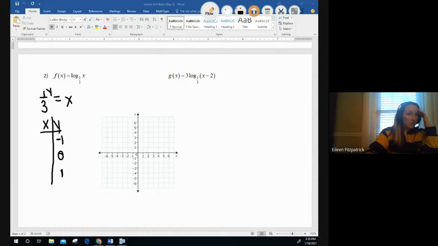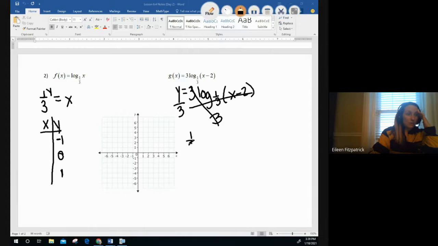Let me do it this way. y equals 3 log base 1/3. Before changing forms, I would divide both sides by the 3 out front. Dividing by 3 is the same thing as multiplying by 1/3. So 1/3 of y equals log base 1/3 of x minus 2.